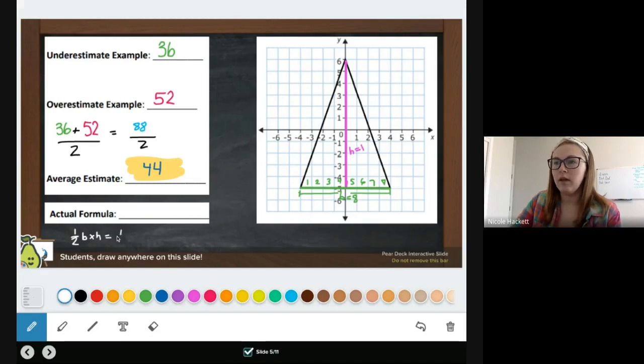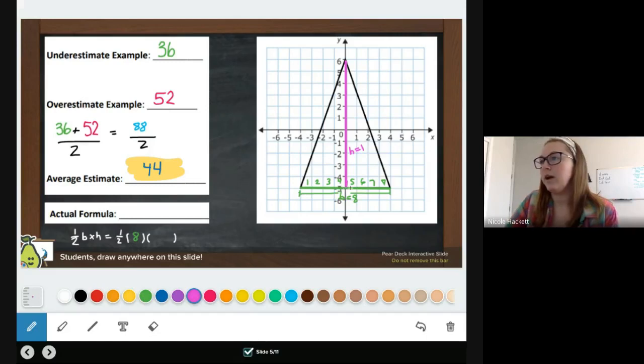So we want to do 1/2 my base times the height. My base is 8, and my height is not 1, my height is 11, because I've got 5 and then 6.